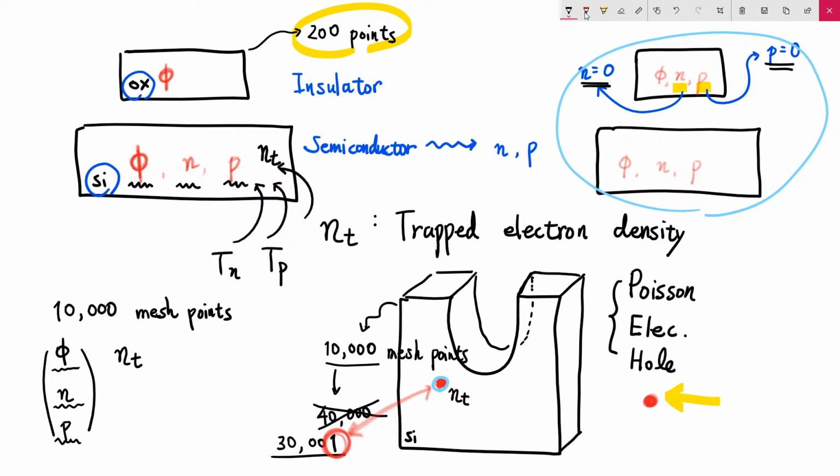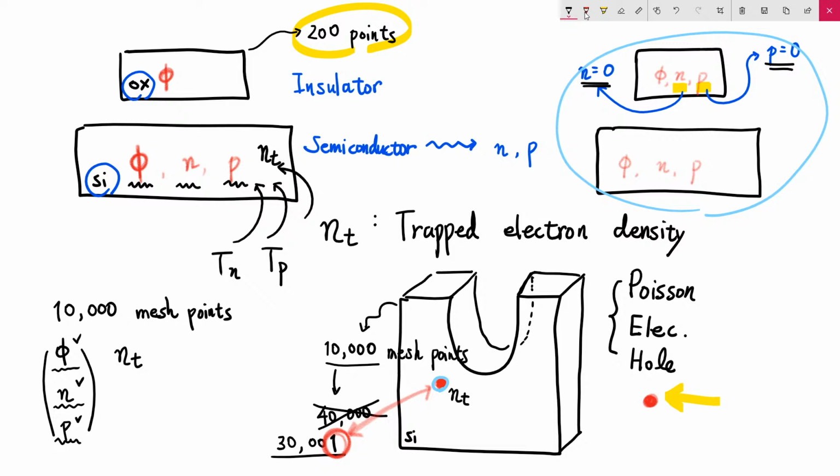So each one will contribute 10,000, 10,000, 10,000, and 10,000. That will give you just 40,000 unknown variables.